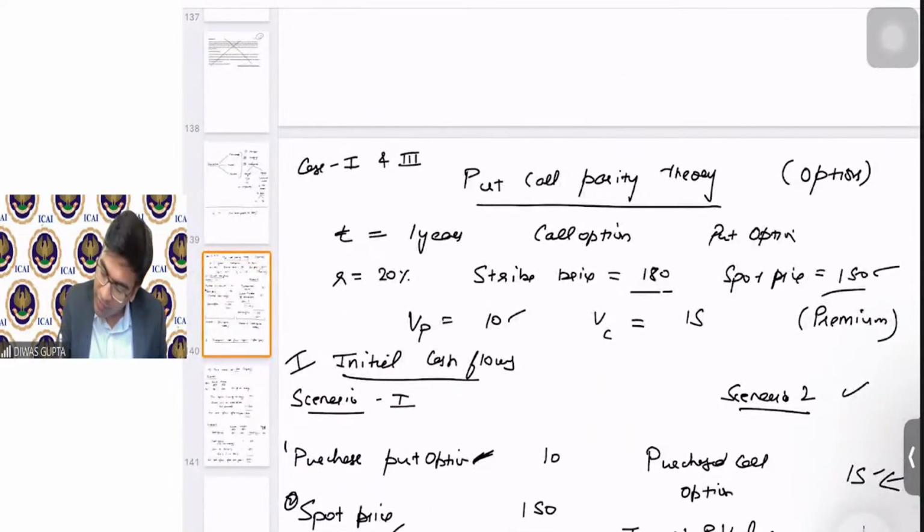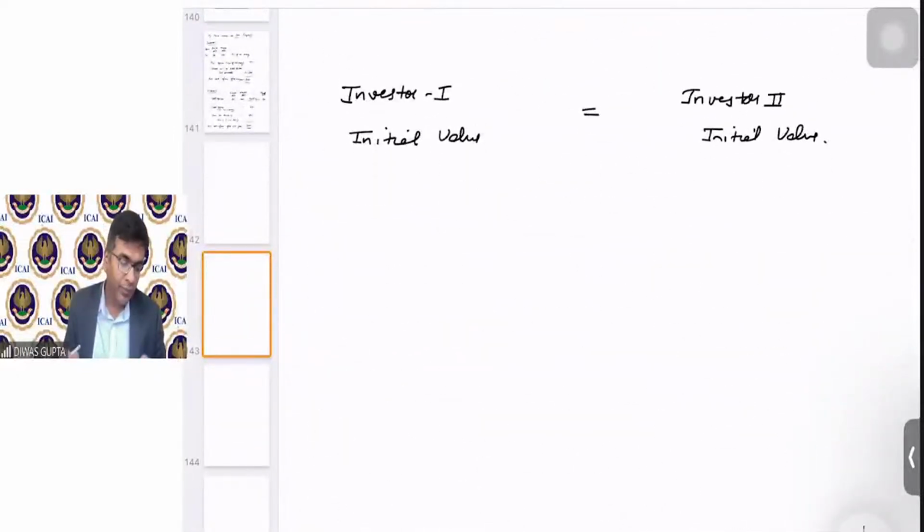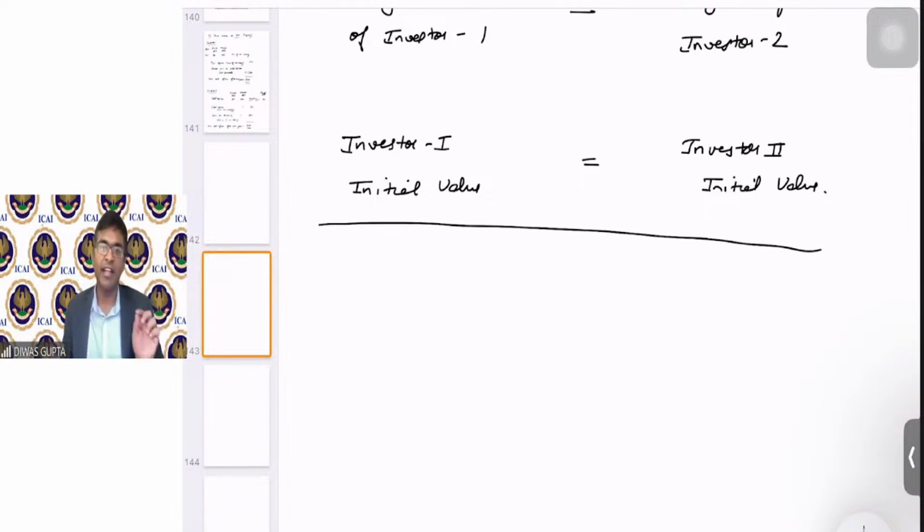We have assumed value of put 10 and value of call 15. So these 10 and 15 will move up or down and make these two portfolios equal. So this is what the final concept is, right? Value of put plus spot price.